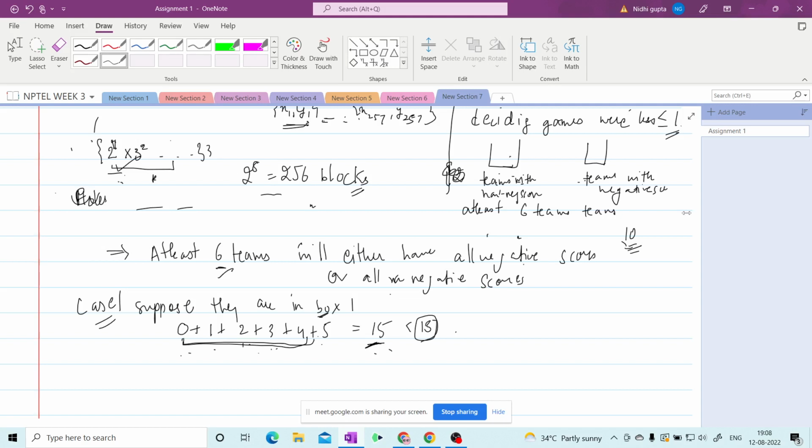So it will have either a non-negative score or a negative score. Now suppose they have non-negative score and all are distinct. So the minimum possible addition of these scores is 15. But we know that at most 13 matches were played which had a deciding score. So this cannot happen. Right?